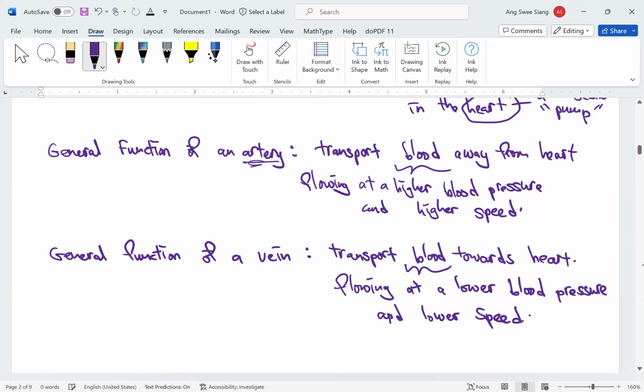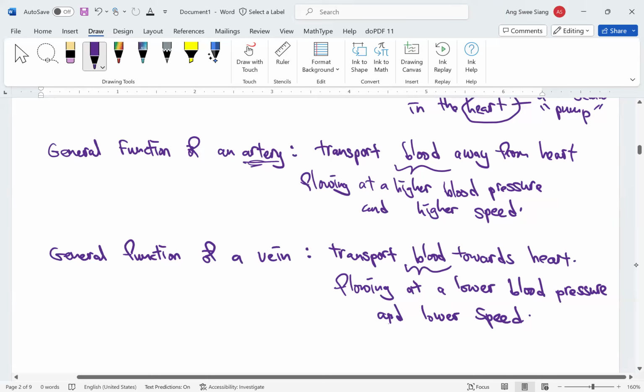Now, to further build on this, let's link to the structure and function of the blood vessel. If the blood flowing inside an artery is at higher blood pressure and higher speed, what will be the requirement for the structure of the artery?